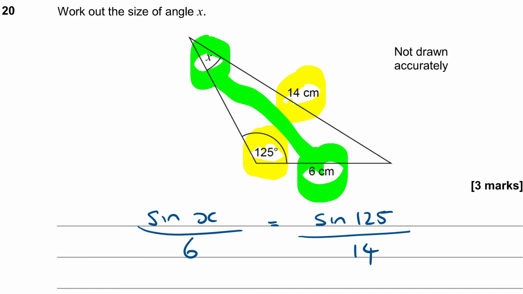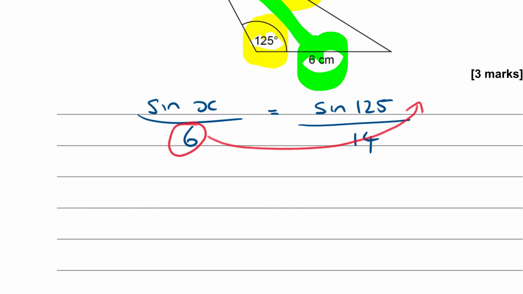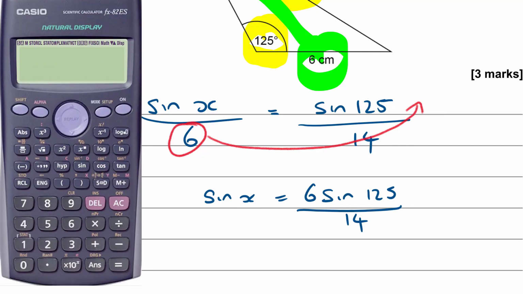Okay, so just need to rearrange that now. Take that 6 and move it up there. So we get sine x equals sine 125 times 6 over 14.